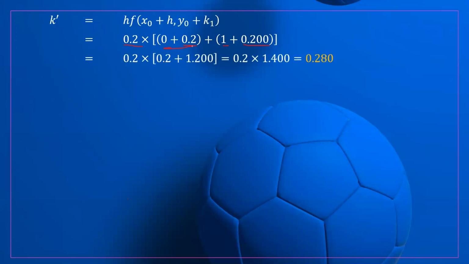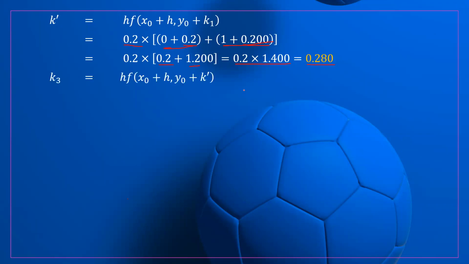So this is 0.2 and 1.2. If we add it, we get 1.4. And if you multiply this with 0.2, we are getting 0.280. So this is the value of K days.